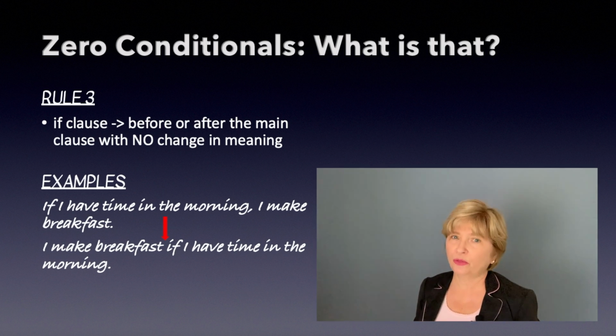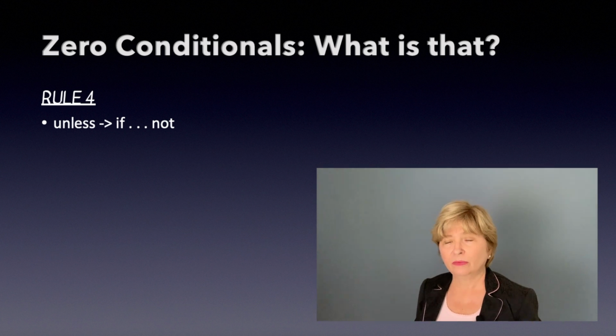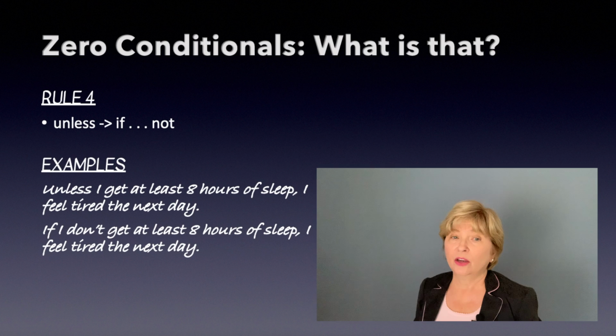Okay, rule number 4. There are other words we can use at the beginning of dependent clauses in conditionals. We can use unless, which means if not. For example, unless I get 8 hours of sleep, I feel tired the next day. This means the same thing as, if I don't get at least 8 hours of sleep, I feel tired the next day.